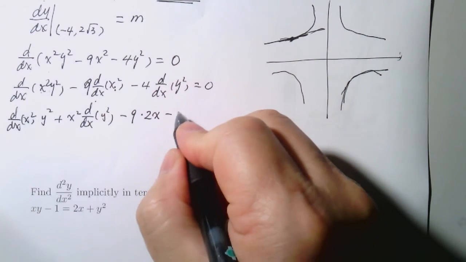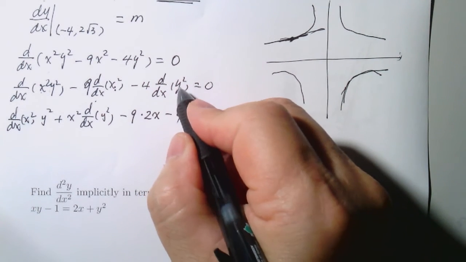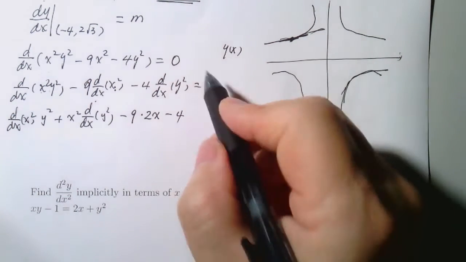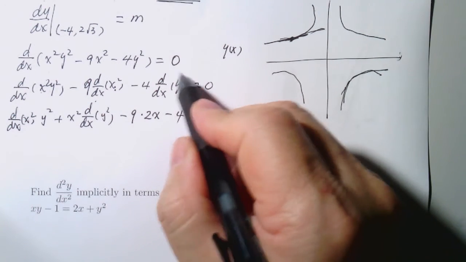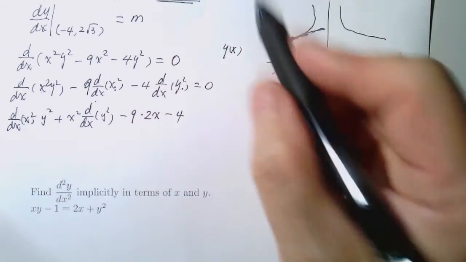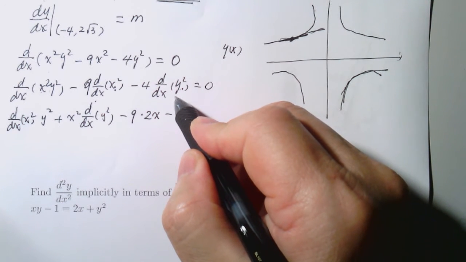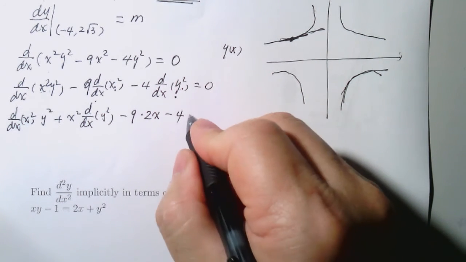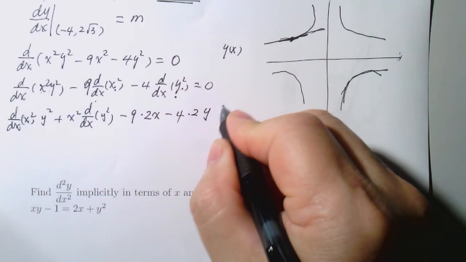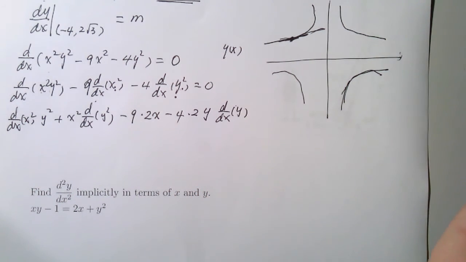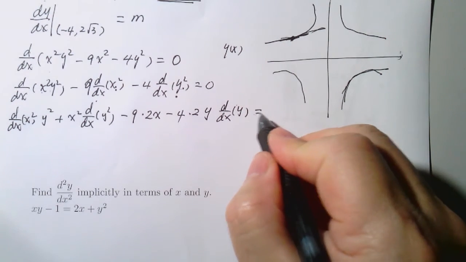And minus 4, y depends on x, so you have to use the generalized power rule, or the chain rule, so you get 2y times the derivative of y, equal to 0.